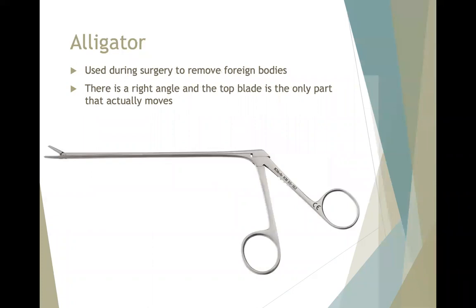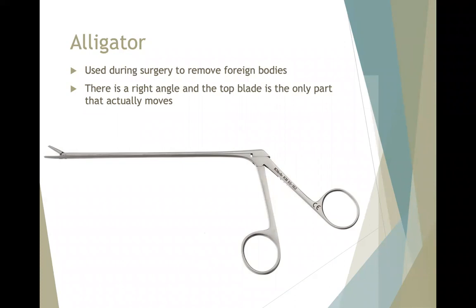Getting into our first forcep here, we have an alligator. Now, alligator forceps, we use these mostly to remove foreign bodies. Now, we don't have to use them necessarily in surgical procedures, although we can. One of the most common places that I see alligator forceps being used, because we have this really lengthy jaw, is that as you move this handle back and forth, the jaw will open and close like a mouth.